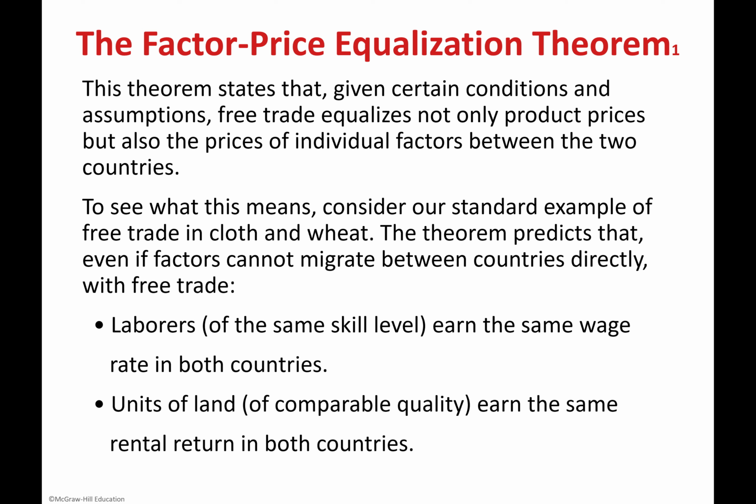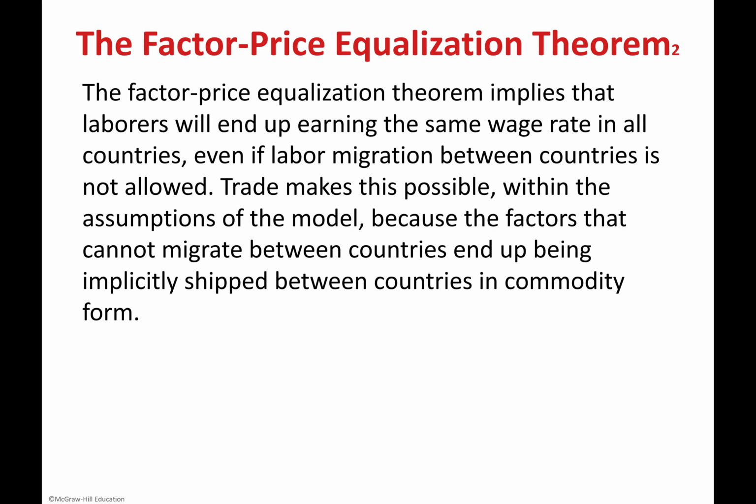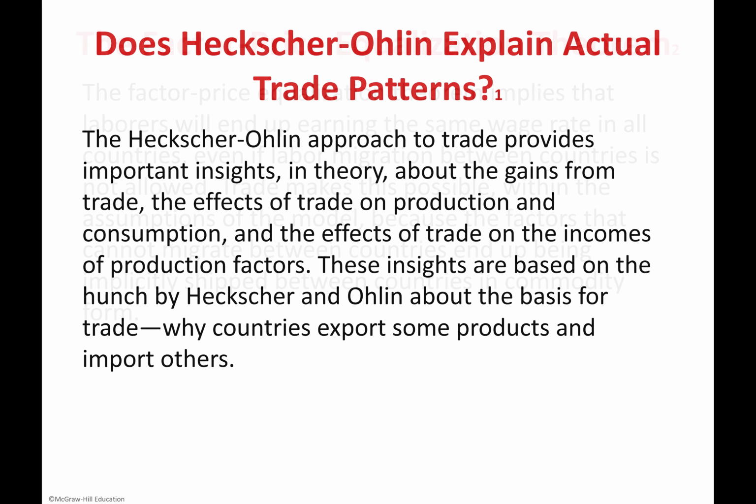In other words, the wages are tending to equalize and the rents are tending to equalize. So in its extreme version, the factor price equalization theorem implies that laborers are all going to end up earning the same amount, and trade makes that happen. Same thing with rents, should be equal.